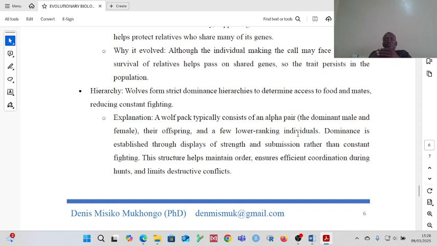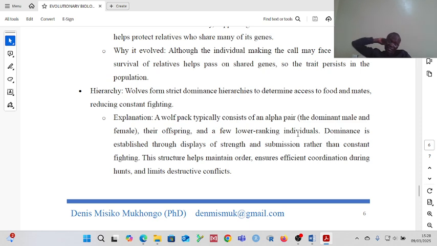So because of the development of these hierarchies, there is now law and order which is maintained. Okay, so this structure helps to maintain order. And by doing that, there is efficient coordination during hunting.